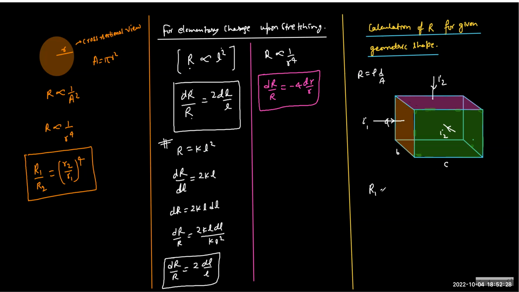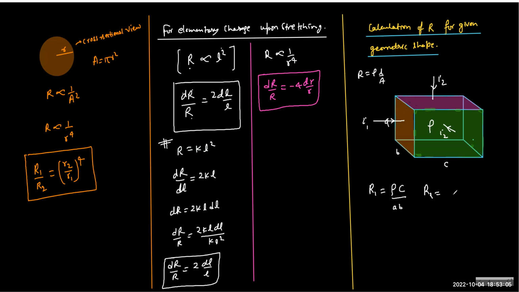So what is R1? R1 is basically the resistance for the first surface, I mean, if the current is going this way. So A will be the surface perpendicular to the current, right? So what will the answer? This resistivity is rho. So R1 equals rho into, what is L here? For I1, the L is C, upon AB.